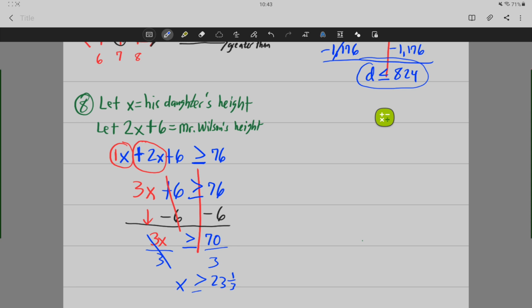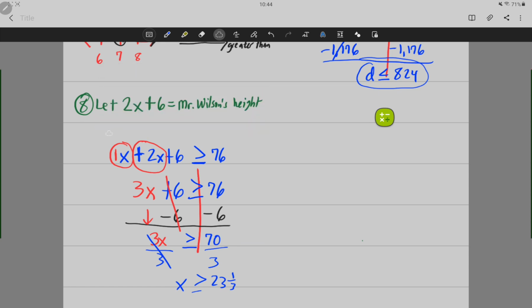So let's see, Mr. Wilson's height. Okay, I went a little too much. So what we actually needed to do was, if we're thinking about the daughter's height, we don't actually need to put the daughter's height. We could just start with Mr. Wilson's height. We don't need the x.